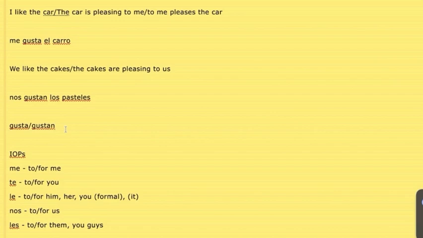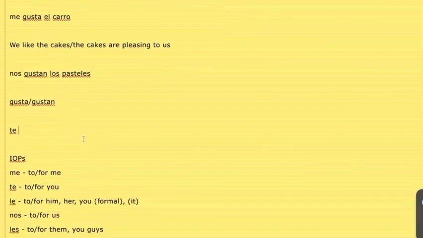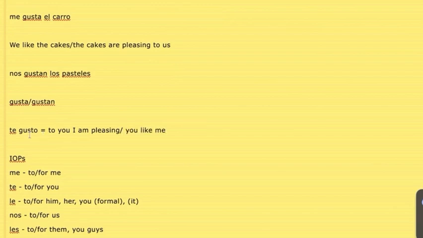But the only thing is that we have to think about it a little bit differently than in English. So for example, if I were to say te gusto, that would literally mean to you I am pleasing, or you like me. And so I just wanted to point out the fact that we can use gustar with any form.